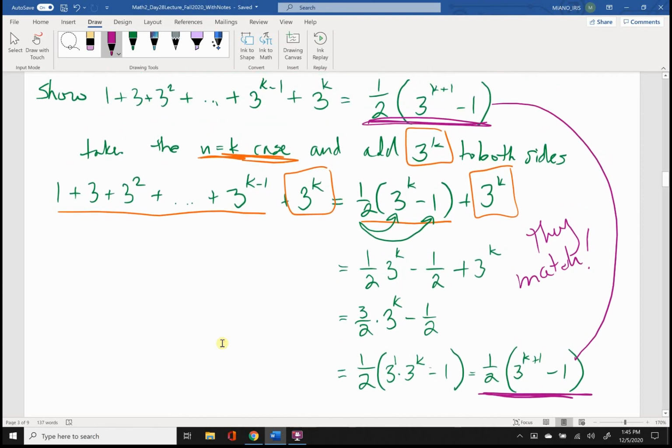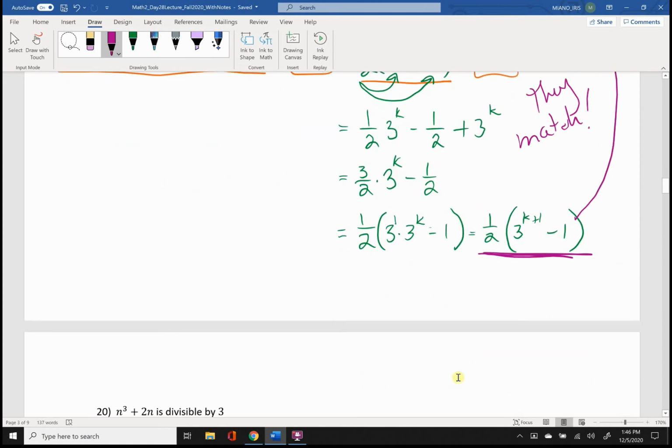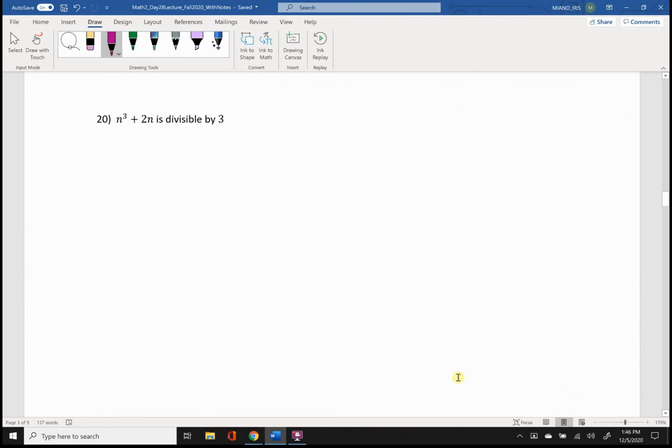Basically, you evaluate as much of the probably obvious things that you could do to simplify the right-hand side, and then you just look back at the k plus first right-hand side and do whatever you can to make those two match up.